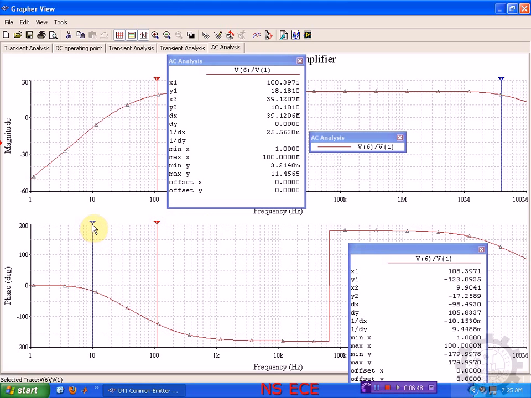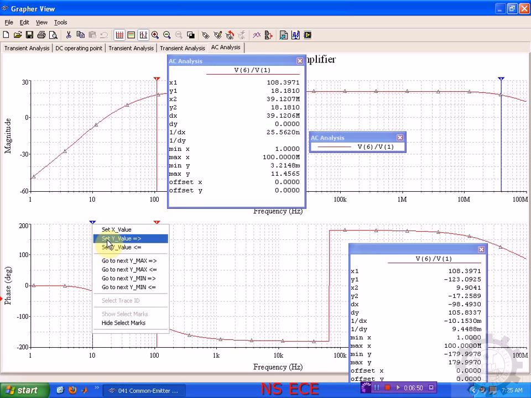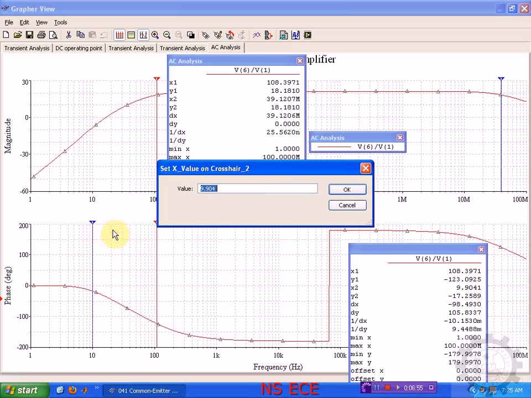Similarly, I select the second cursor and set the X value, that is 39.1207 megahertz.